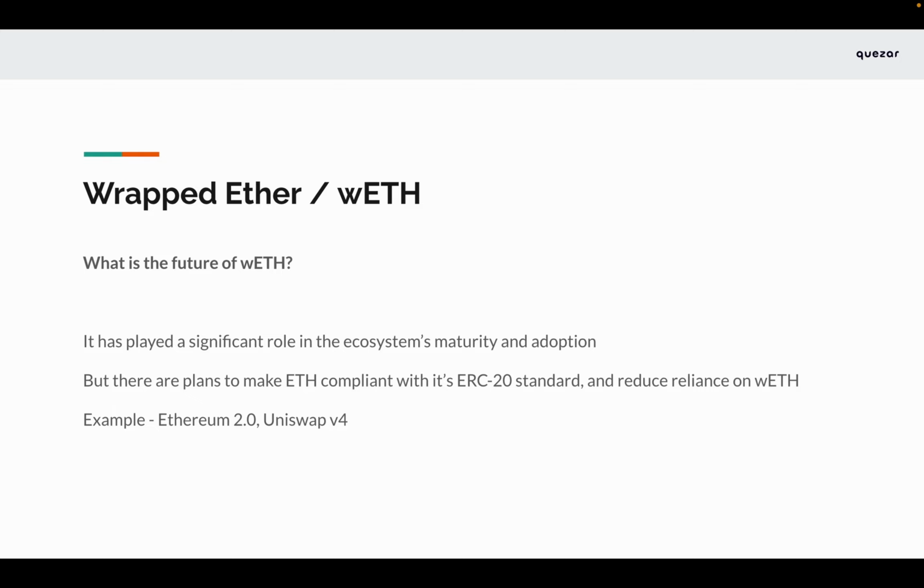This is because there are some disadvantages that come with using a wrapped token, and we should reduce our reliance on them. There are some conversations going on that, as a part of the entire upgrade process of Ethereum 2.0, Ether will become compliant with its own ERC20 standard. And meanwhile, Uniswap rolled out a new version of their DEX where they introduced support for native Ether again.